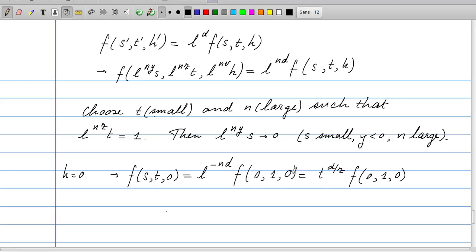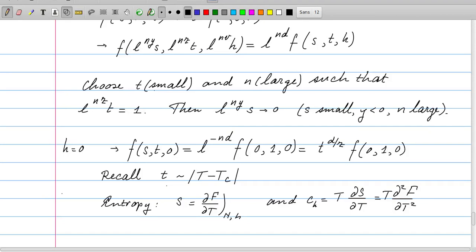And again we see that we have a relation for f in terms of a number. f(0,1,0) is just a number, and there is a scaling factor before that, which is minus nd. And because we know that L to the power minus n is t to the power 1 over z, we can write that as t to the power d over z. And you should recall that t is the deviation from the critical temperature.